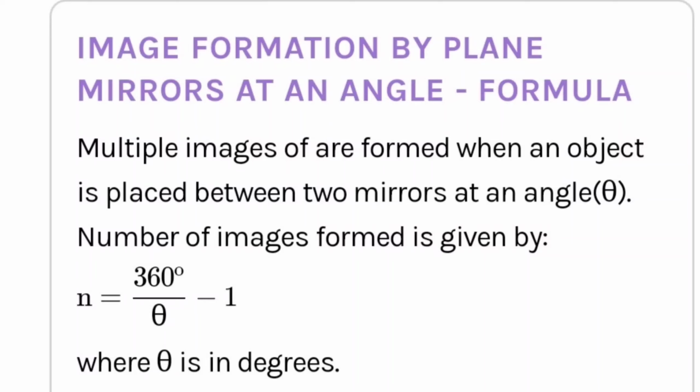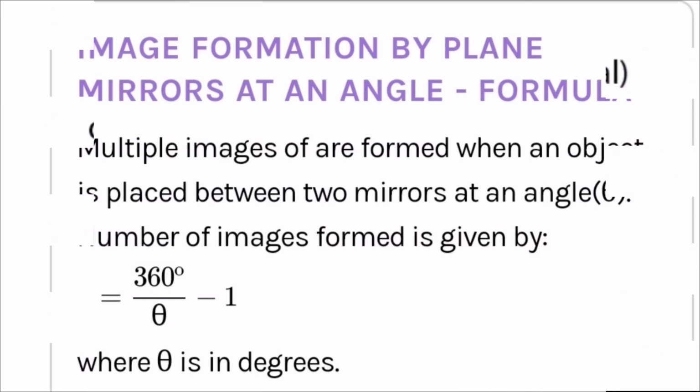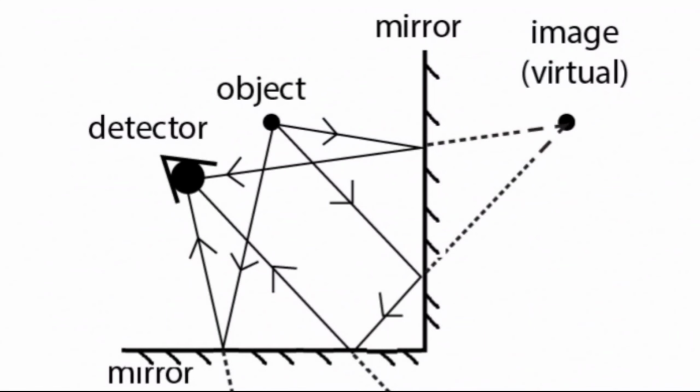If you keep an object in front of that setup, with two mirrors placed at 90 degrees between them, you can see three images forming, and all are virtual images. They will not form on a screen, that's why they are virtual. So two types of images are there: one is real and another is virtual.